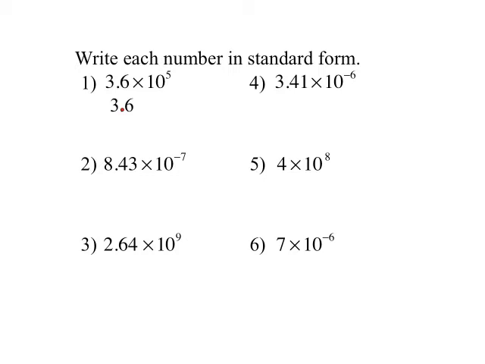Since this is a positive number, it means my amount is going to be a whole number. So to move my decimal in the whole direction, it would be to the right. So I'm moving it right 5 times. Place my decimal, and there we have the number.